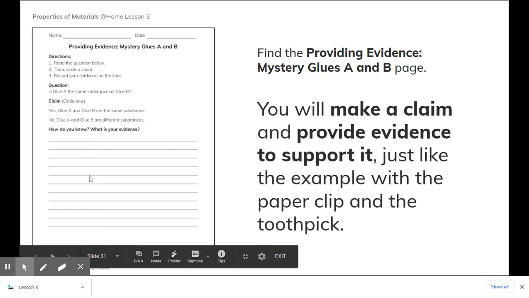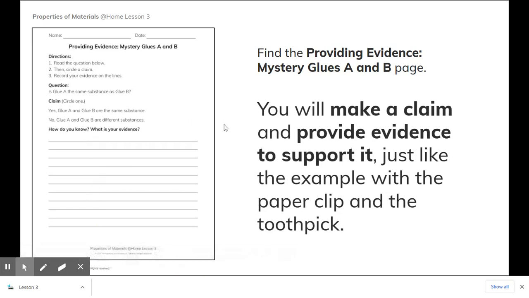What reasons do you have to support your idea? So the question is, is glue A the same substance as glue B? And here is where you choose your claim. You have to circle just one of them. Yes, glue A and B are the same substance. No, glue A and glue B are different substances.